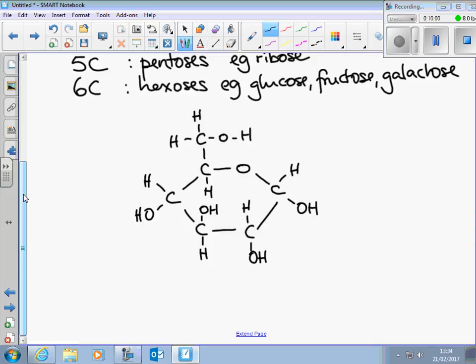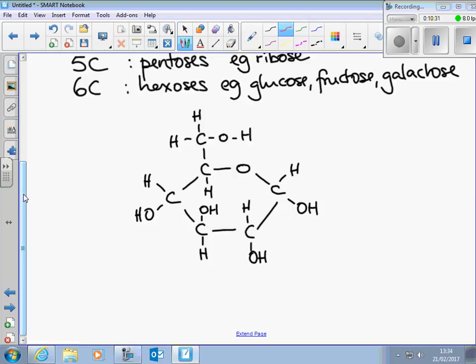Now, we could get the molymod beads out and you could create that, but you don't need to. On the next page you'll find that's the next bit. Down at the bottom it tells you that the H and the OH on carbon atom 1 can be arranged the other way up. So you could have the OH going upwards and the H going down. And that makes a difference between two isomers of glucose.